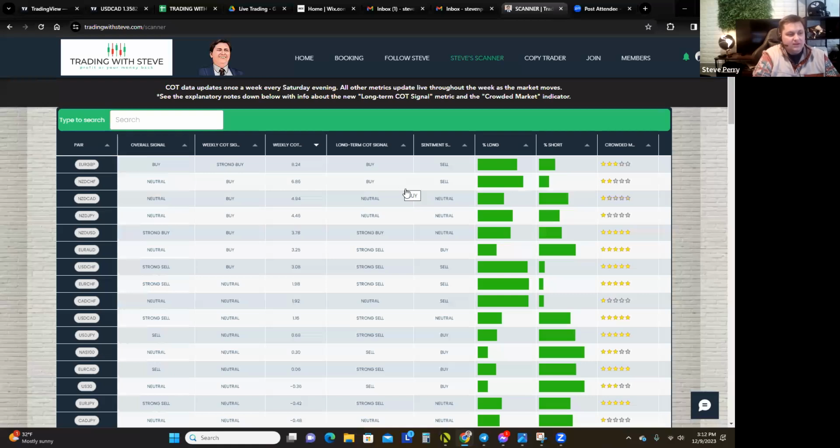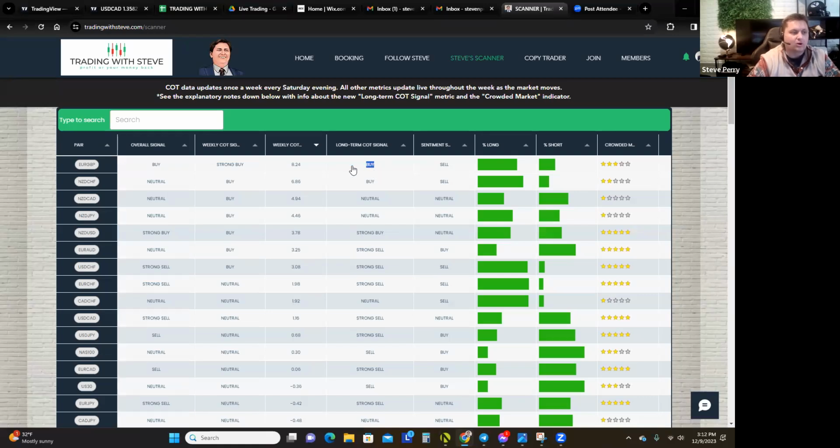For example, with this Euro Pound right now, as of right now, the banks have a long position on euros and not as big of a long position on the pounds. It might even be a short position on the pound overall. Because of that, the banks are biased to buy pounds right now. Okay, so the signal is to buy euros against pounds.